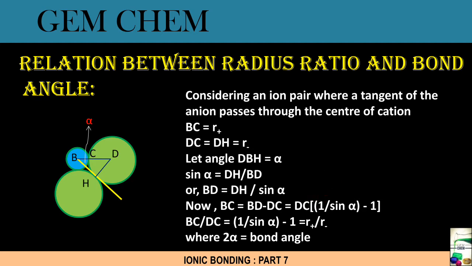And if we take the ratio of BC by DC, then we get 1 by sin alpha minus 1. And this comes to be R plus by R minus, which is our radius ratio. This is the relation derived for the radius ratio with the bond angle, where 2 alpha is taken as the bond angle. So alpha plus another alpha on this side gives us the bond angle.